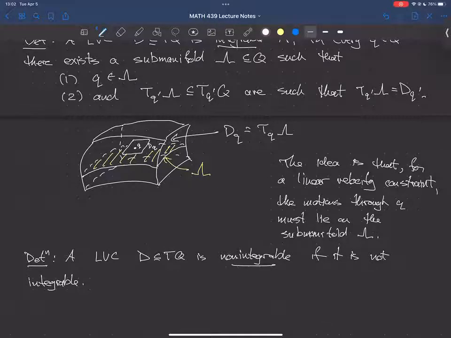This seems like a fundamental dichotomy with velocity constraints.